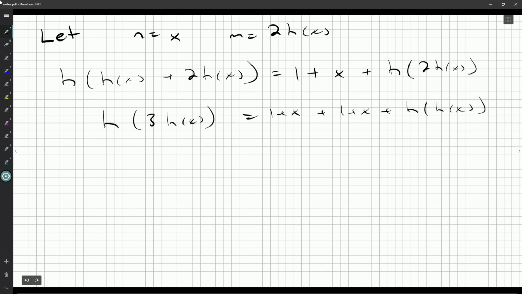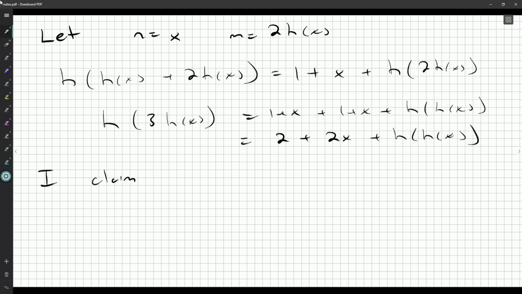So you get 1 plus x, and then 1 plus x, and then h of x, which I still am not happy with, but we get this sort of an expression, and now we could probably do the same trick. So this is at least something we can work out. We'll do it quickly because I don't know if this is the property we need or if we're going to need to go back for something else. But I claim, what do we want to claim?